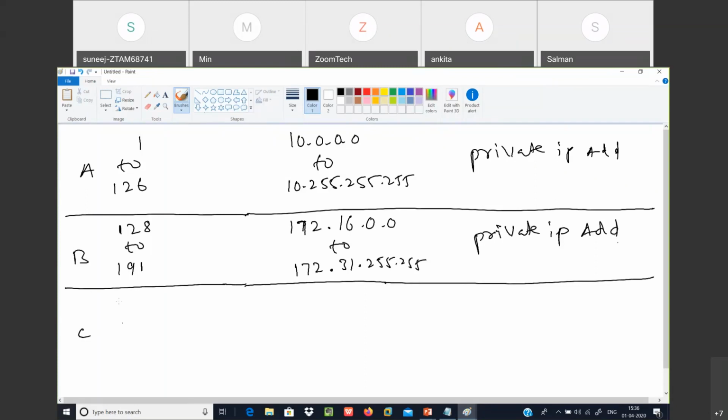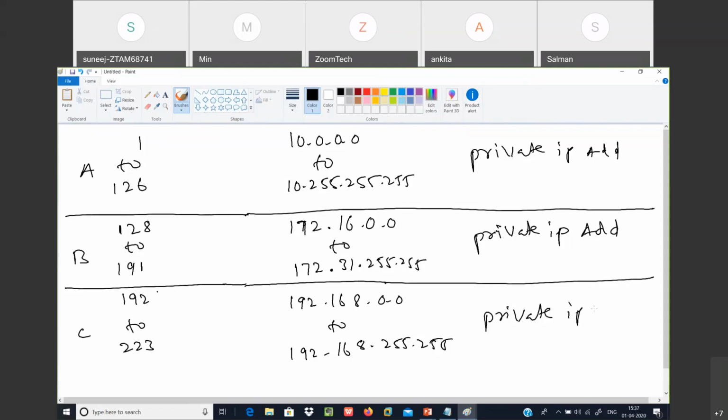Similarly, for Class C, 192 up to 223 is the actual range. From this range, IPs starting from 192.168.0.0 up to 192.168.255.255 are the Class C private IP address range.